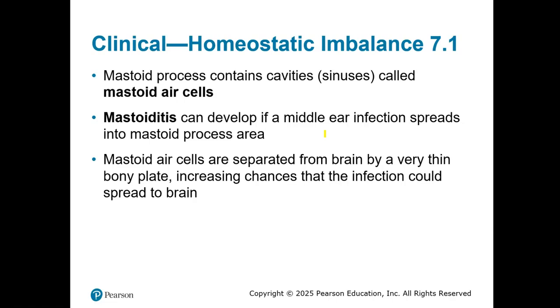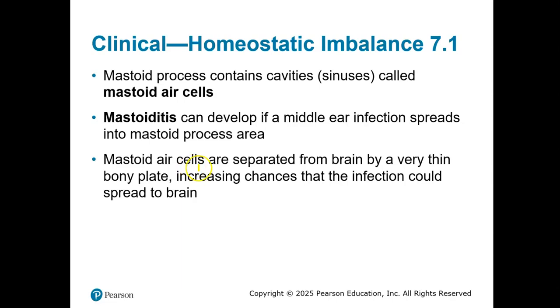The homeostatic imbalance tells us the mastoid process contains cavities or sinuses called mastoid air cells, and mastoiditis can develop if a middle ear infection spreads into the mastoid area. You may have heard before that you can have an infection, like an ear infection, and it can migrate to your bone. Well, this is one of the ways that happens.